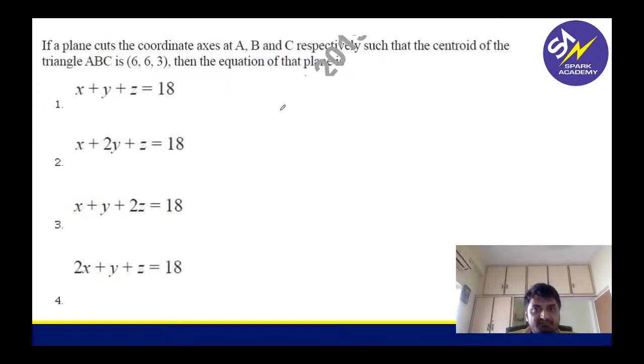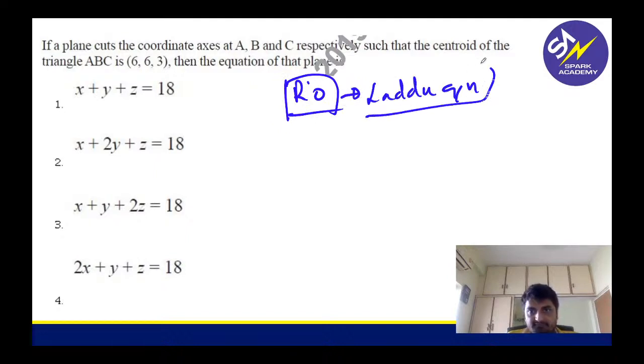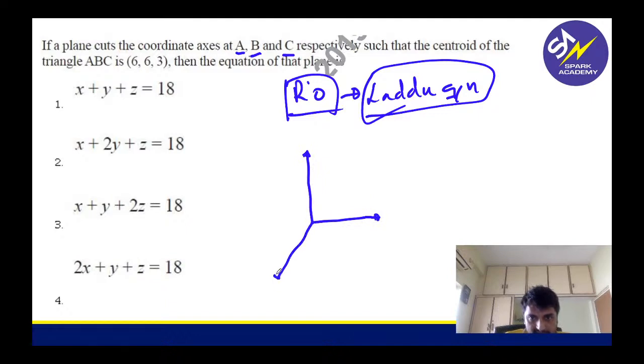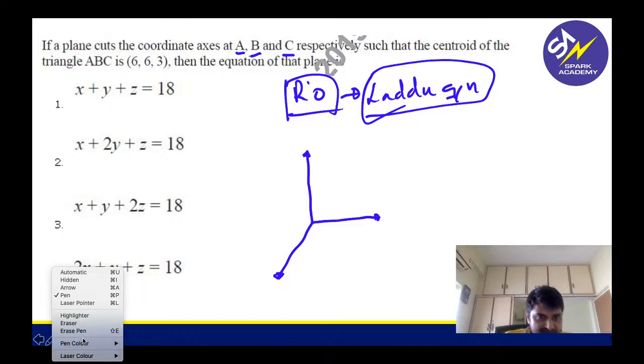Now look at this. This is round 0. Again, a sweet question, a cake question, easy peasy. How? A plane cuts the coordinate axes at A, B, C respectively. So they gave a 3-dimensional plane here. Yes, Indranil, this was asked many times.